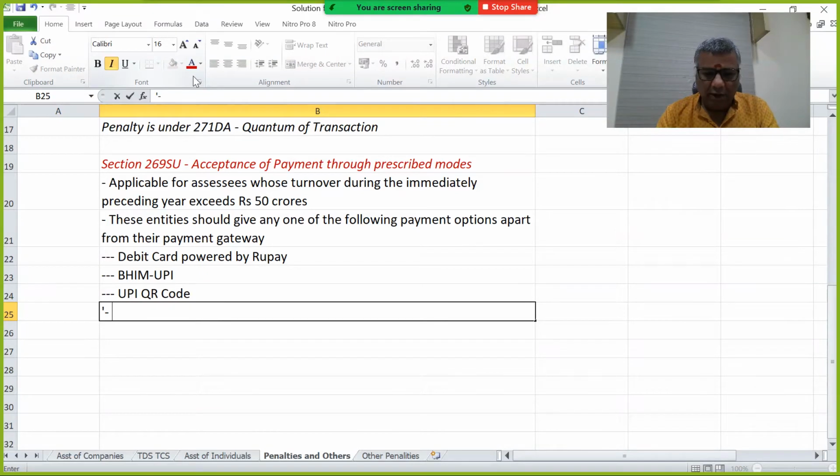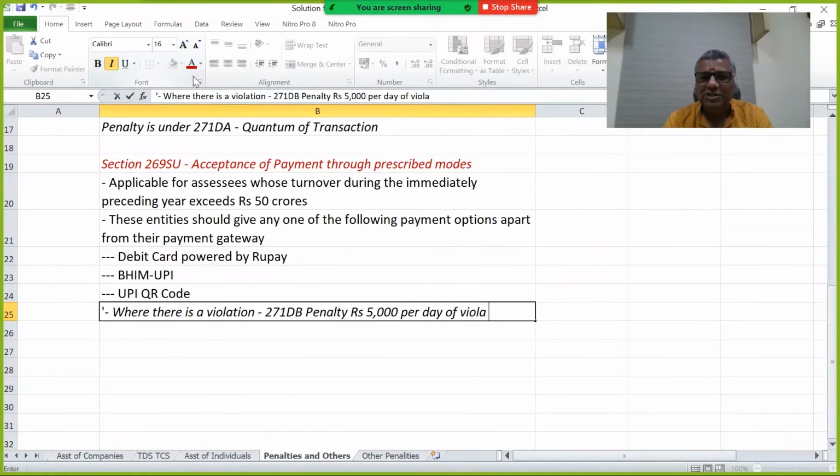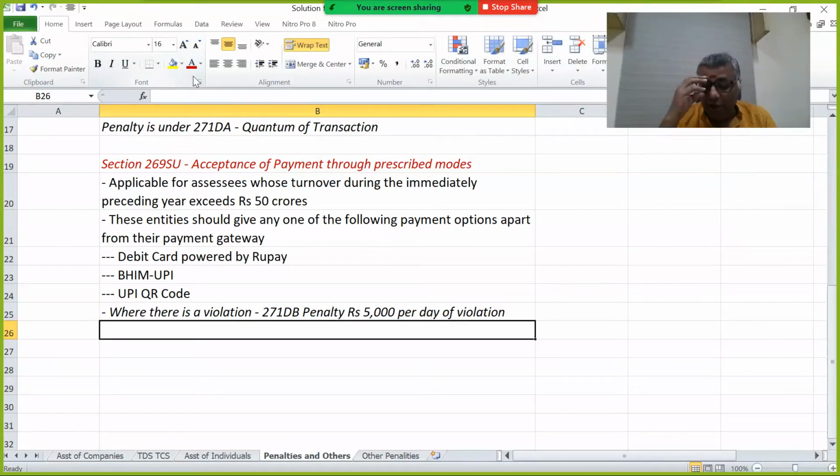Where there is a violation, 271DB penalty, rupees 5,000 per day of violation. It's a continuous offense. Till you rectify, it is 5,000 per day.